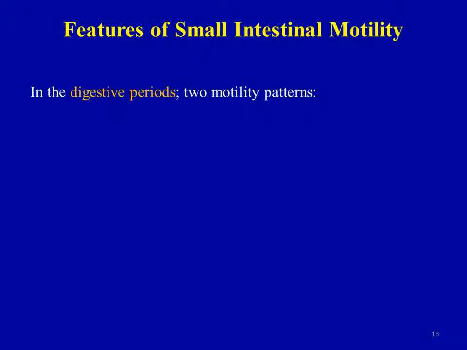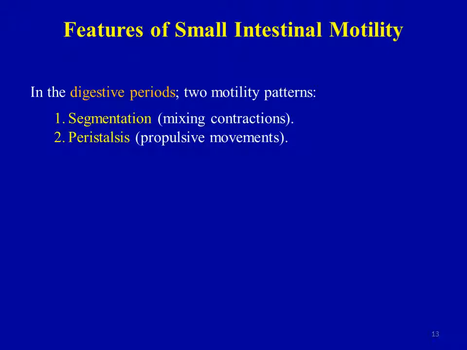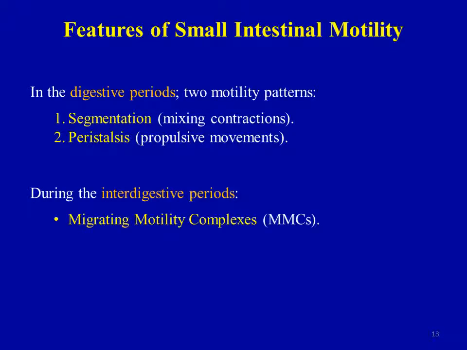So for small intestinal motility in the digestive period, we have two motility patterns. These are segmentation, which is a mixing contraction, and peristalsis, which is a propulsive movement. And we have another pattern that is dominant during the interdigestive period, and this is similar to the stomach. It is called the migrating or migratory motility complex.